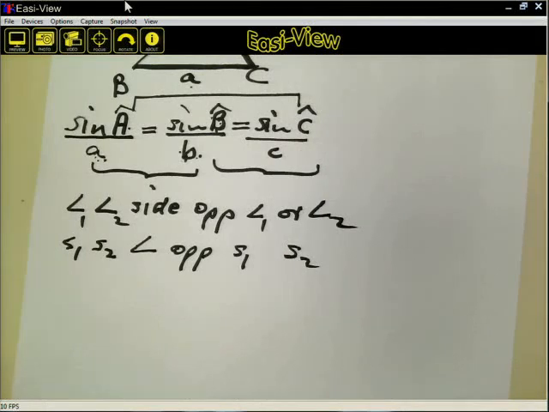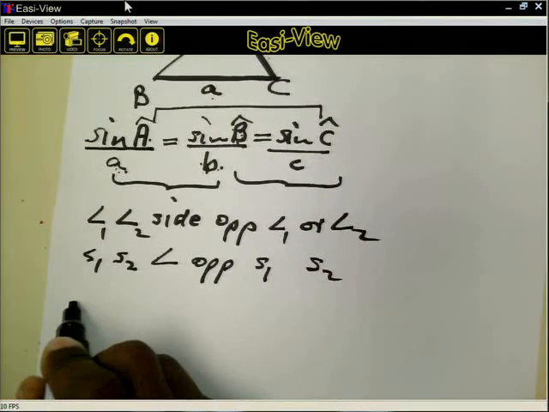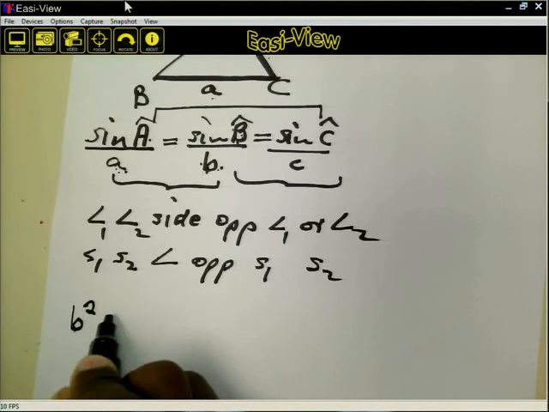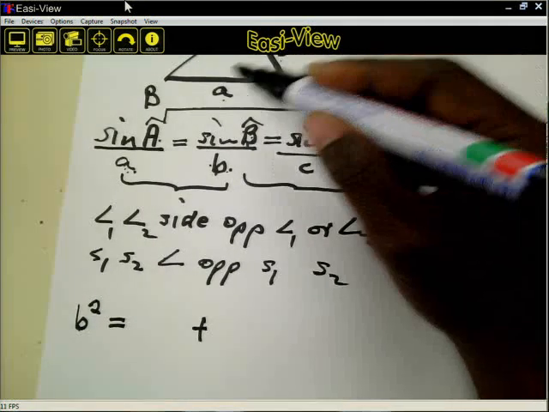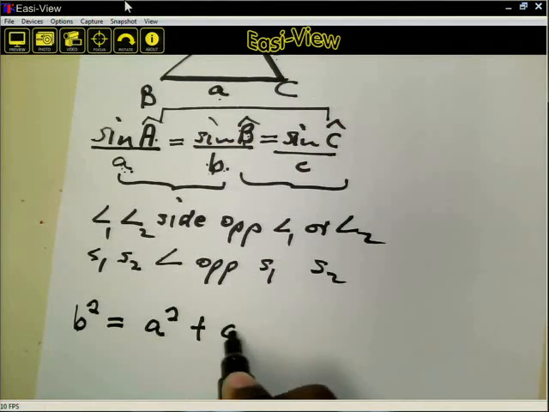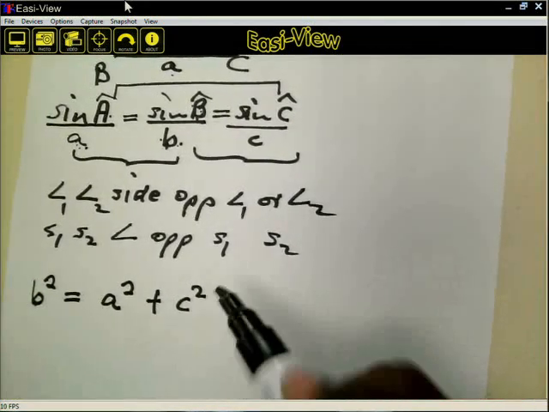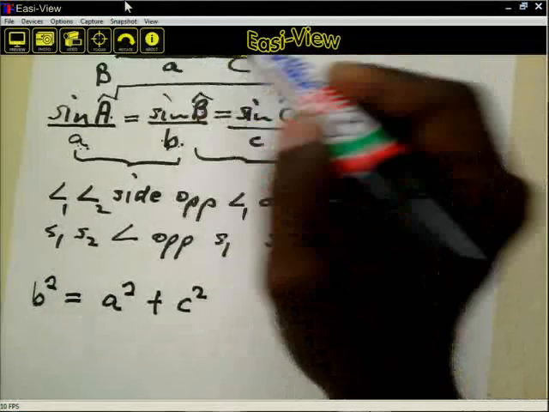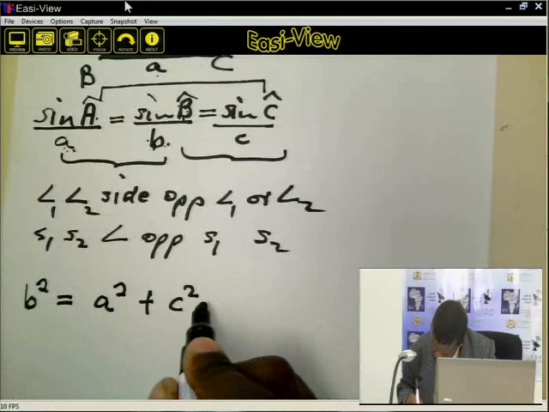They say choose any side. Let's choose b. Take its square. It is equal to the sum, after taking b, you are left with a and c, of the squares of these. Does this look familiar to you? Yes, the theorem of Pythagoras. Only, 1, this triangle is not right angled, and 2, we are not done.